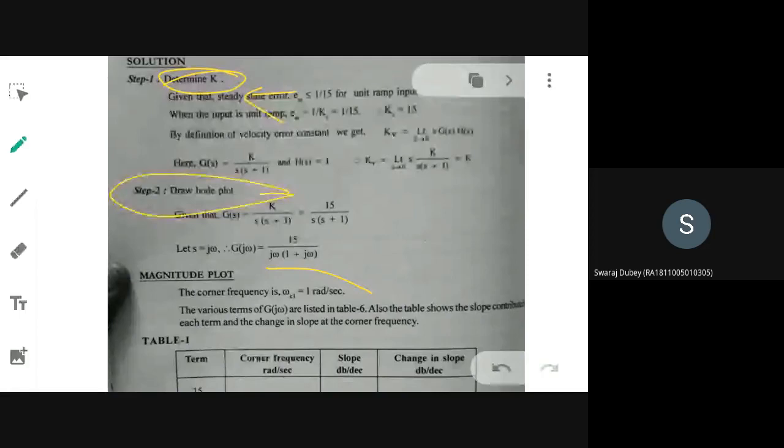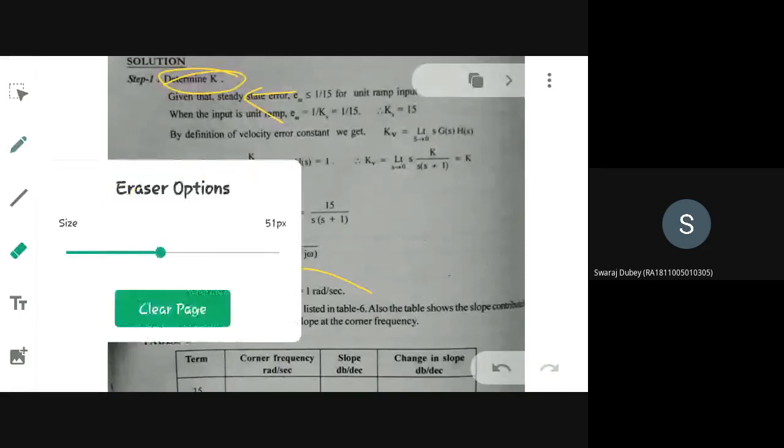Next step, what did you do for the lag compensator? You had used one formula to decide the desired phase margin value. What was the formula?